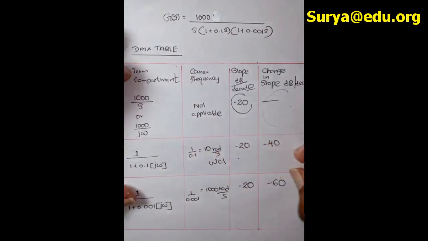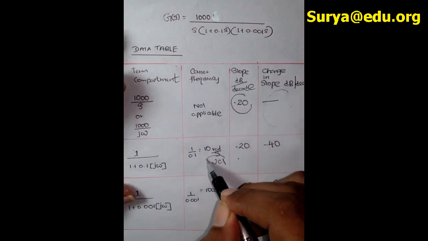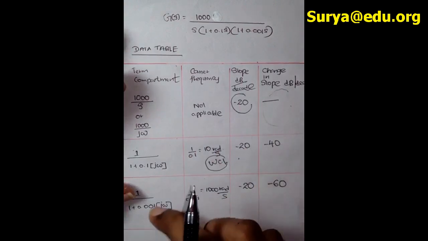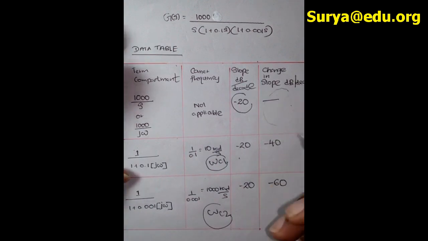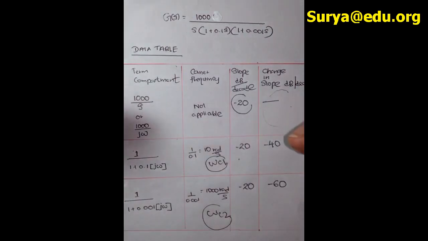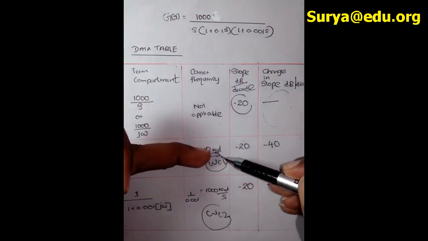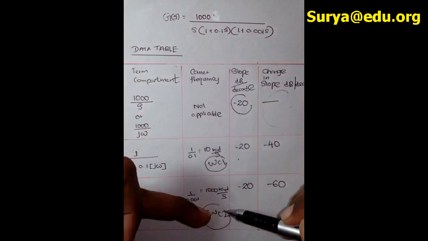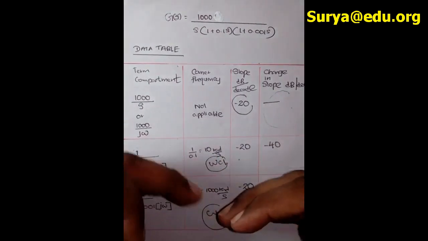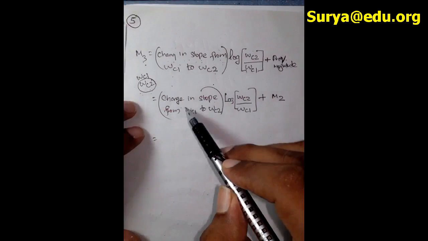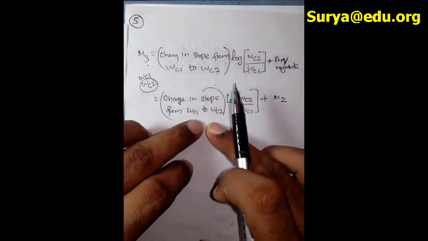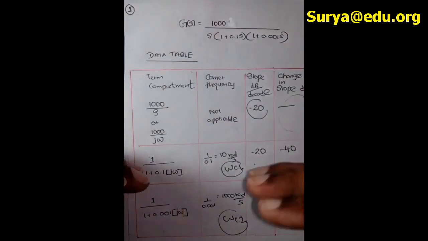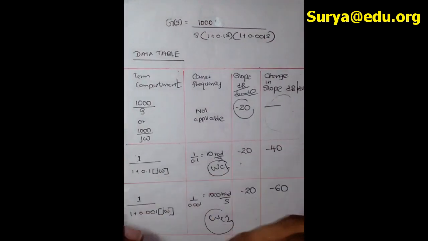This entire data set is related to omega c1, and this entire data set is related to omega c2. So for the frequency going from here downwards, the change in slope from omega c1 to omega c2 means starting from this frequency downwards.